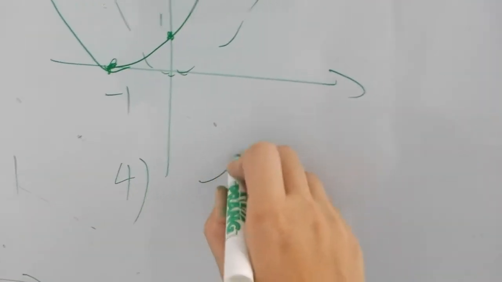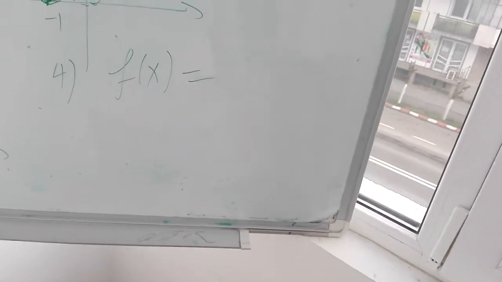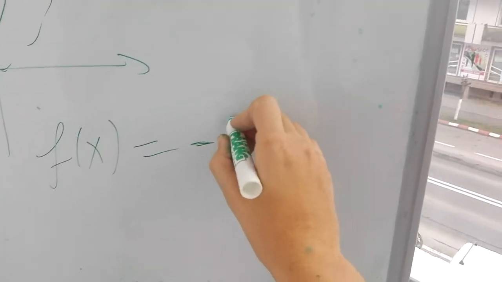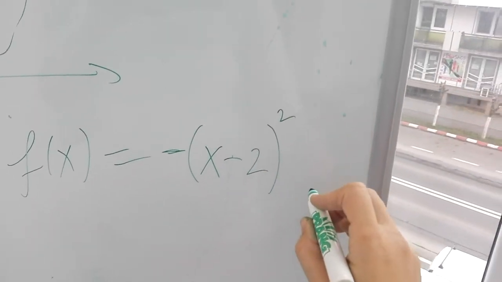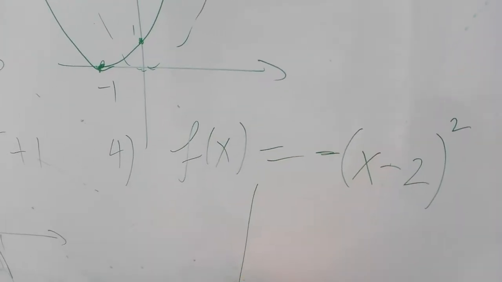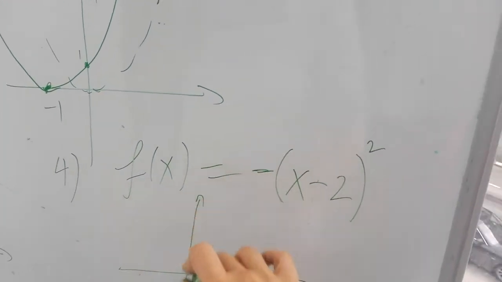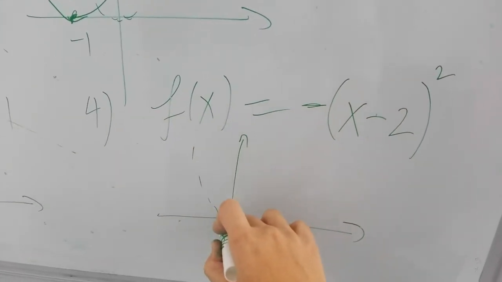Now, let me give you my number 4 example. If you have f of x equals negative x minus 2 squared. Okay, that's it for now. My graph will be, now let's see, the x squared function looks like this, the original one, right?